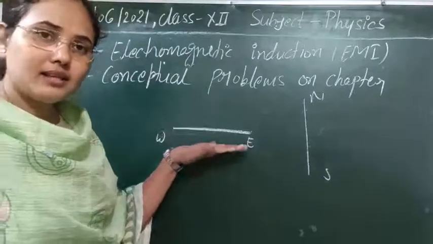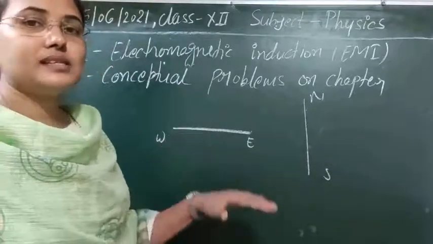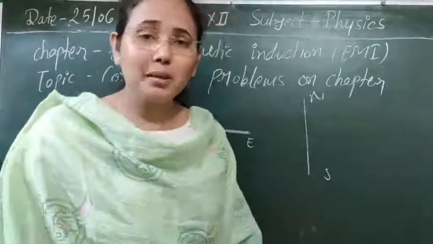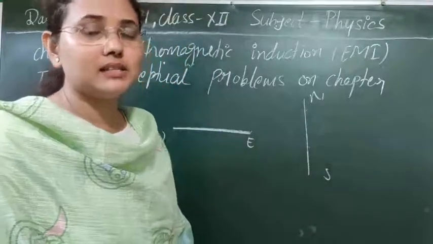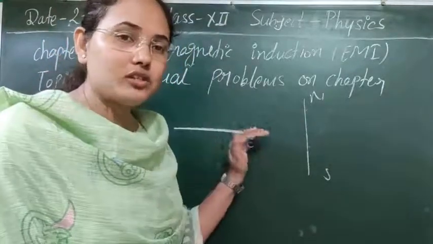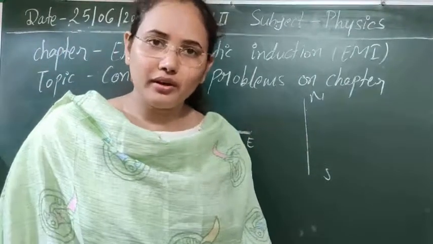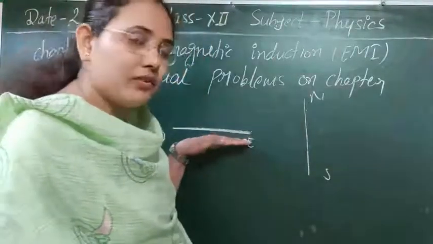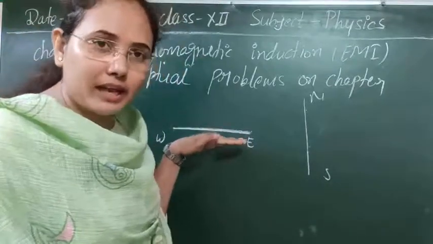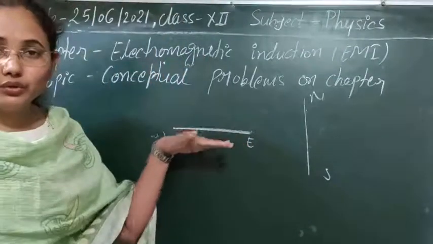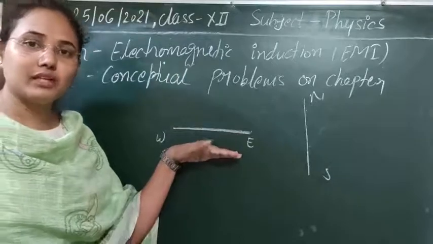So yes, in this way, as you can see, the wire will always experience a change in flux, because the orientation is now changed. An orientation problem I have told you already. So as the orientation of the wire is changing here, the flux associated with it will change.